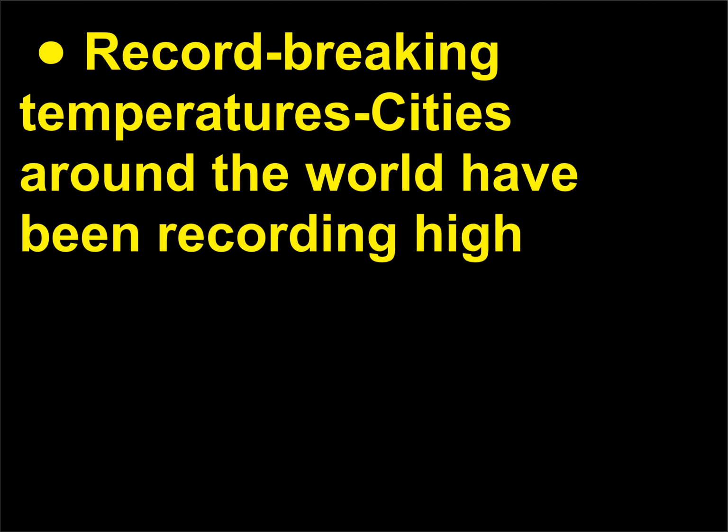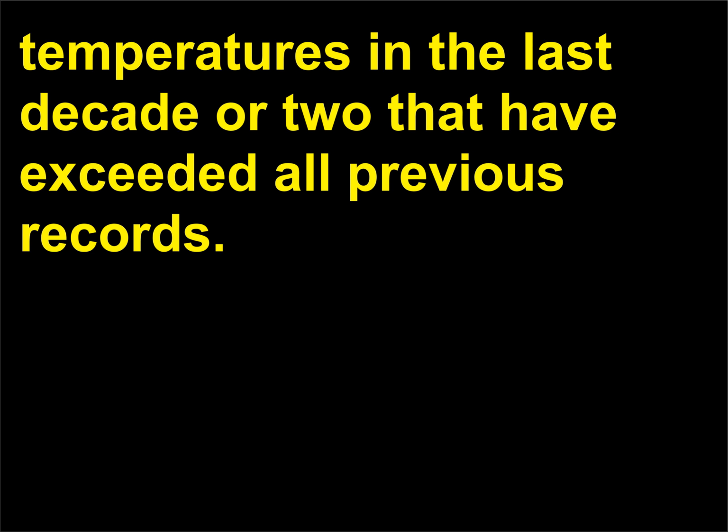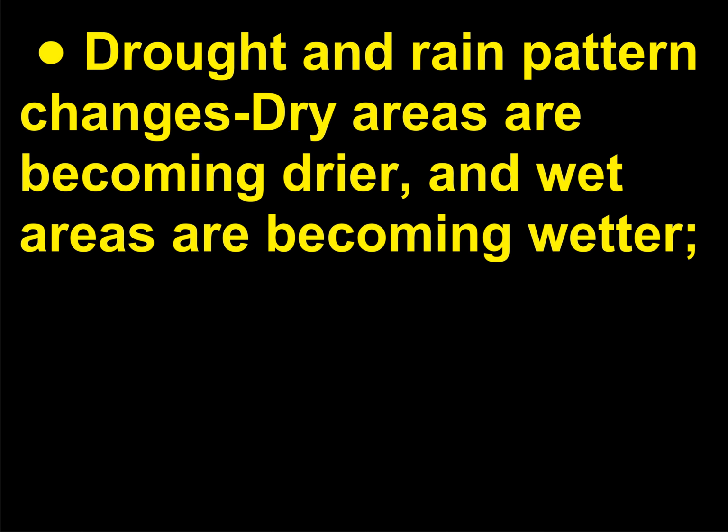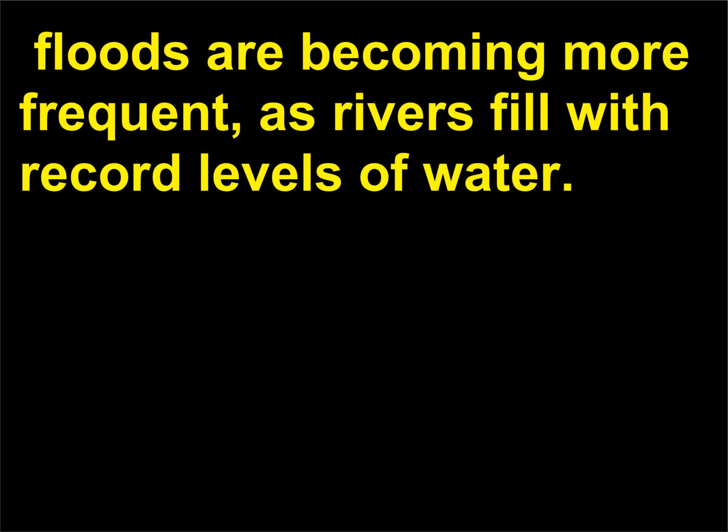Record-breaking temperatures. Cities around the world have been recording high temperatures in the last decade or two that have exceeded all previous records. Drought and rain pattern changes. Dry areas are becoming drier, and wet areas are becoming wetter. Floods are becoming more frequent, as rivers fill with record levels of water.